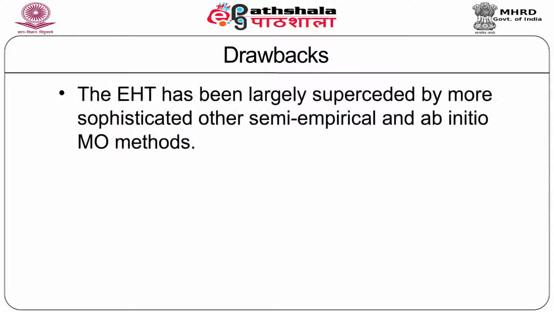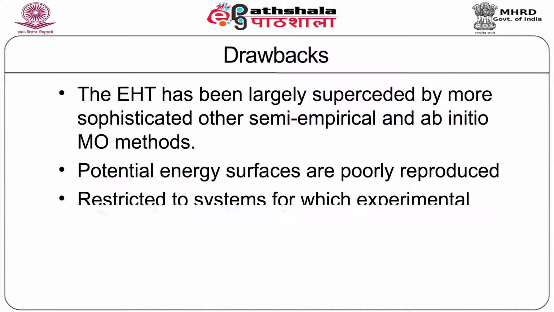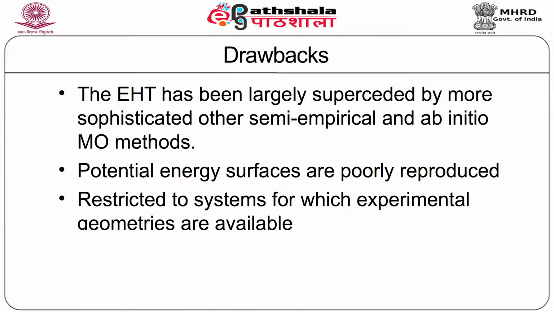Although the extended Huckel theory was an improvement over the Huckel molecular orbital method, it had its own drawbacks. The extended Huckel theory has now been largely superseded by more sophisticated semi-empirical and ab initio molecular orbital methods. The main deficiency of the extended Huckel method is that potential energy surfaces are poorly reproduced.